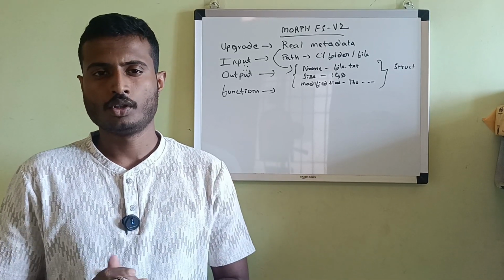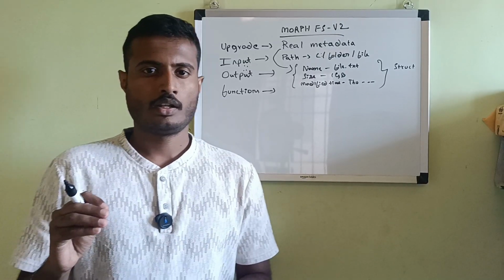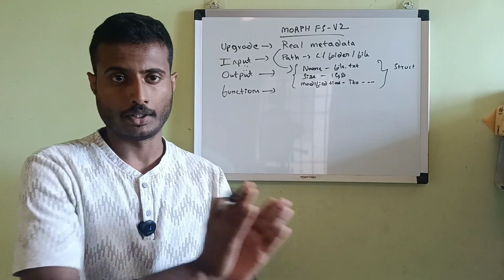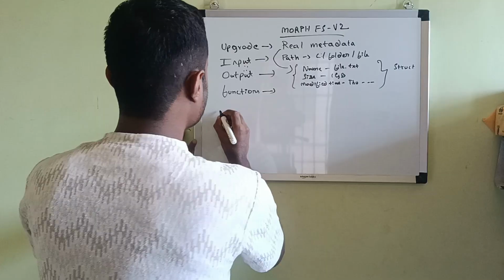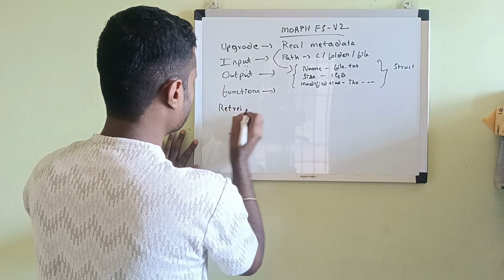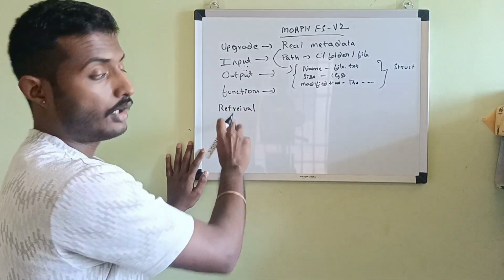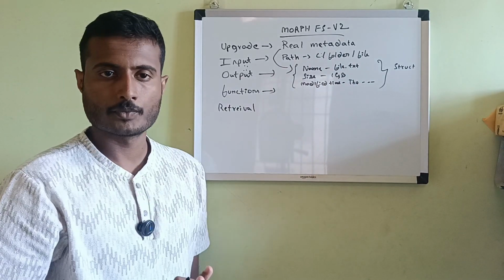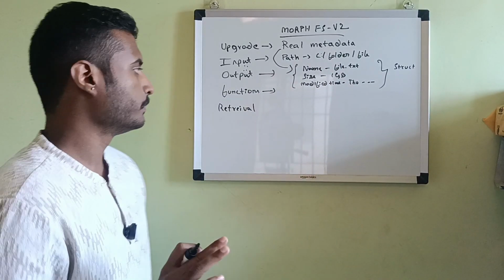We have to talk to the OS first, retrieve that information and put it in a variable so that we can print. That's exactly what the first function is: retrieval. We are retrieving the real metadata and putting it in a variable so that we can use it.